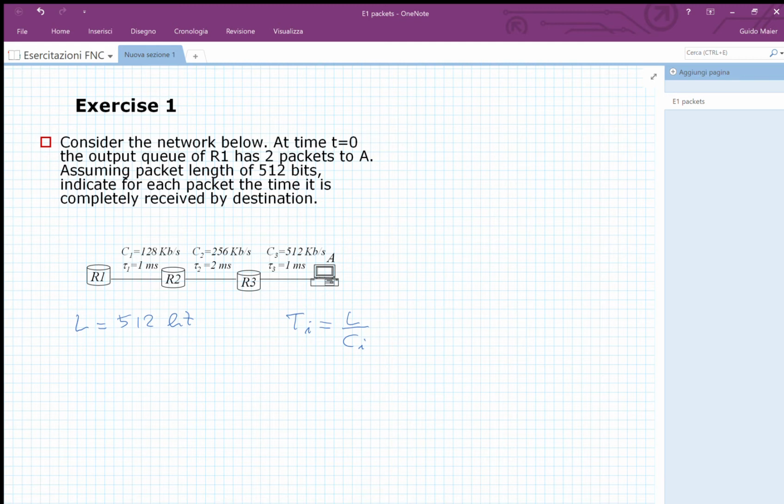And in this case, the calculations are very simple, because if you take, for example, T3, which is the transmission time on the last link, here you have L divided by C3.